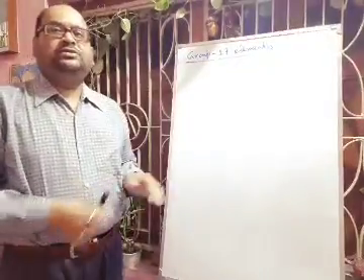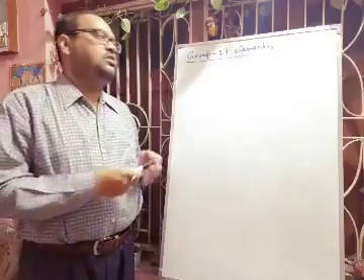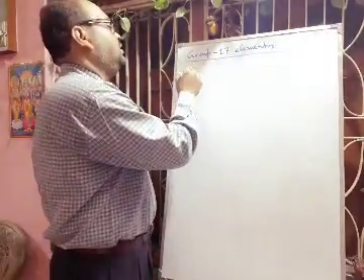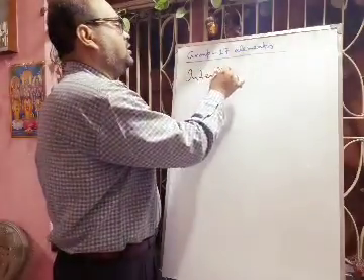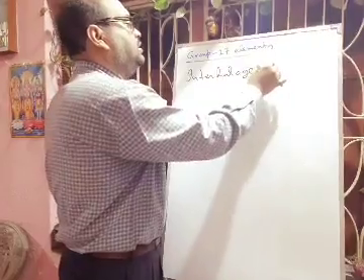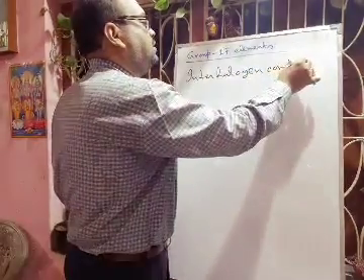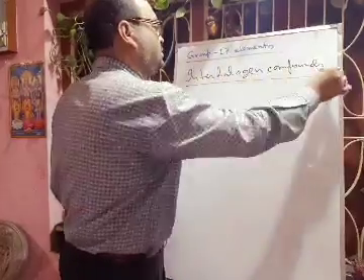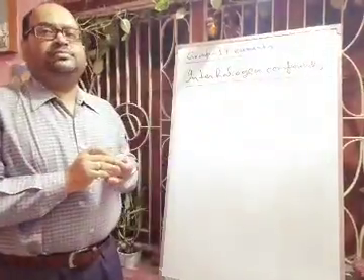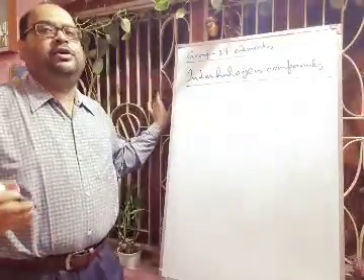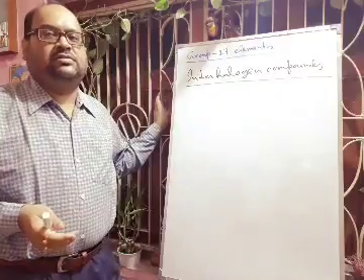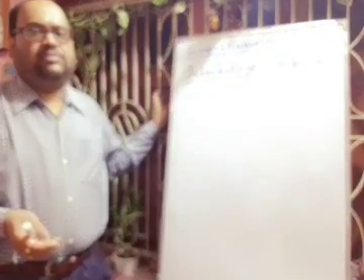Okay, next we will discuss interhalogen compounds. Compounds which contain two or more different halogen atoms are called interhalogen compounds.